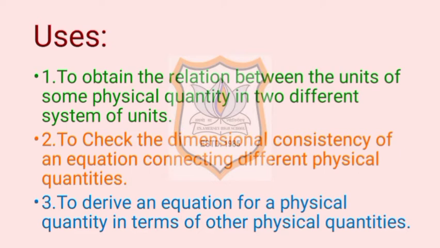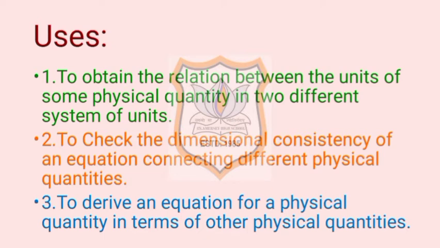For example, if we take MKS system and CGS system, we will find the relation between the units in these two systems. That is work, what is its unit in MKS, what is its unit in CGS, and what is the relation between the two units that we are going to find. That is the first use.